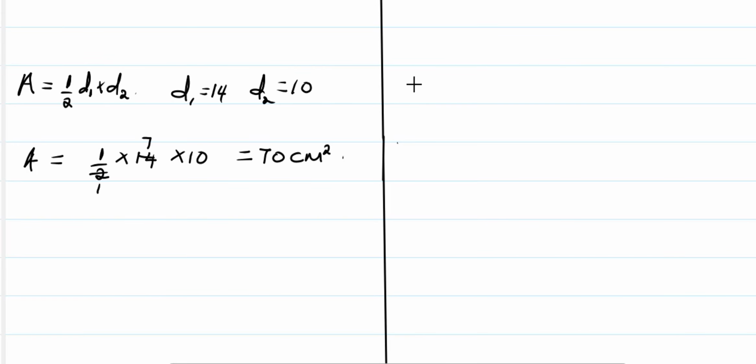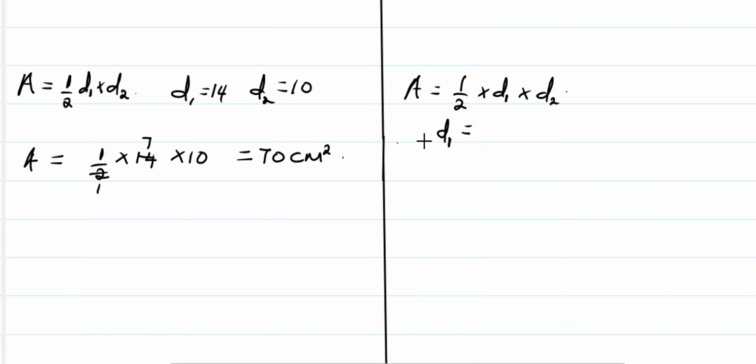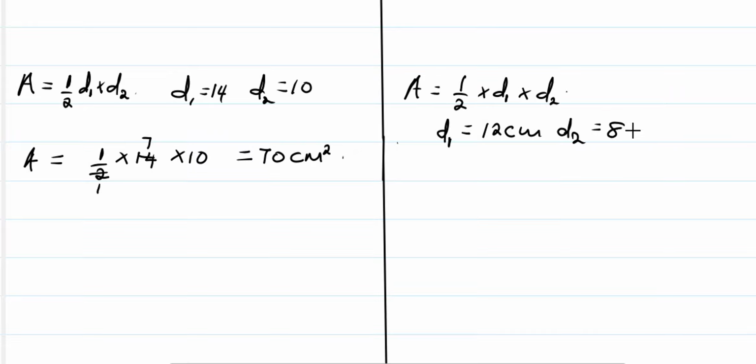So the area A of that kite will be given by half multiplied by d1, which is diagonal 1, and multiplied again by d2, which is diagonal 2. We already know d1 is 12 centimeters and d2 is 8 centimeters.